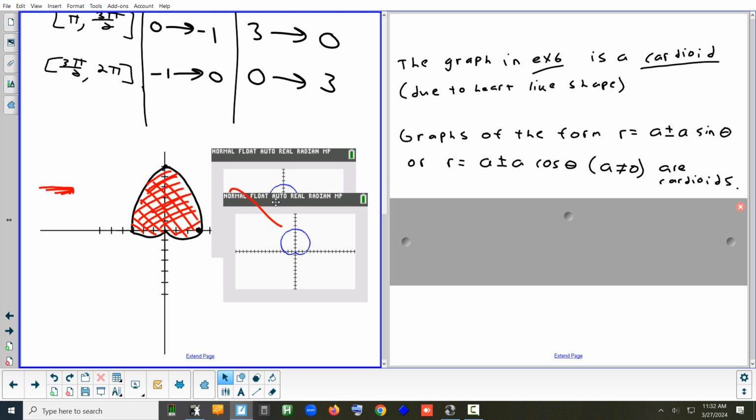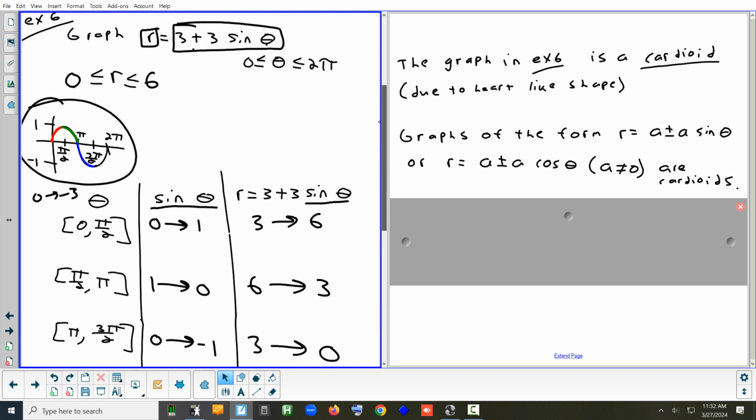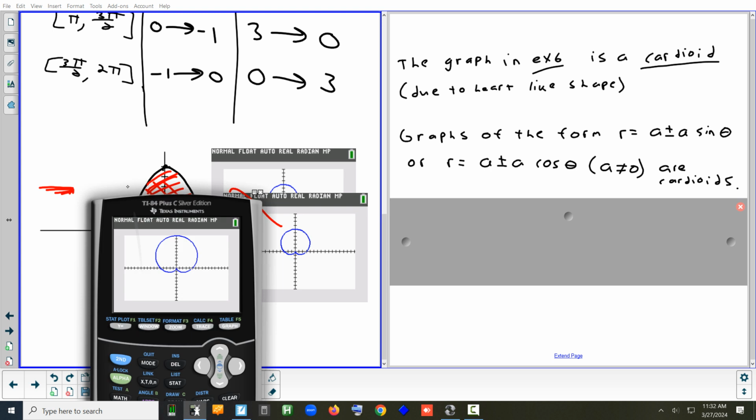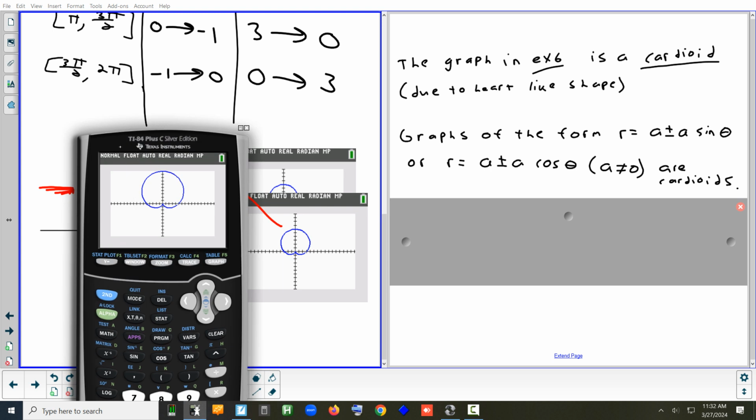Yeah, it went 1, 2, 3, 4, 5, 6. And we had a 3 and a 3. So if you measure from the origin to the top of the heart, it's double that number. This one was a 5, and it goes all the way to the top of the screen at 10. So you can kind of start to get an idea of what these things are doing.